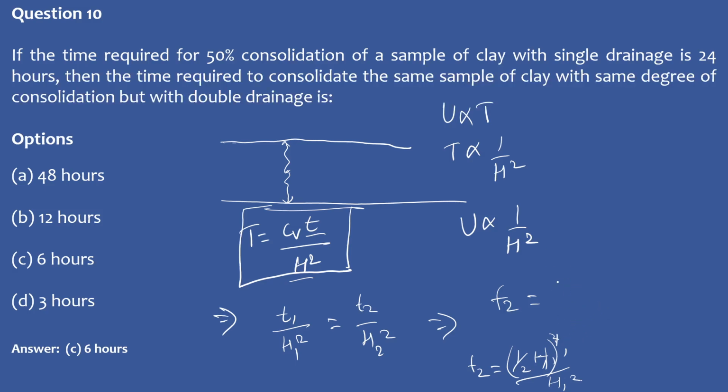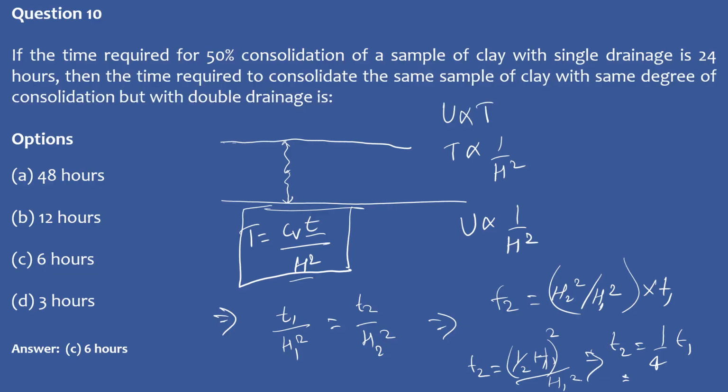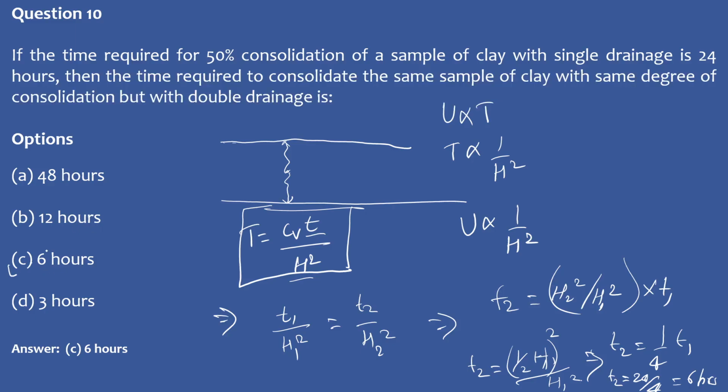So t2 is basically h2 square by h1 square times t1. This is half h1 square upon h1 square, so your t2 is 1 by 4 of your time t1, right? Your t1 is 24 hours, so 24 by 4 is 6 hours. So the correct answer is option C, 6 hours.